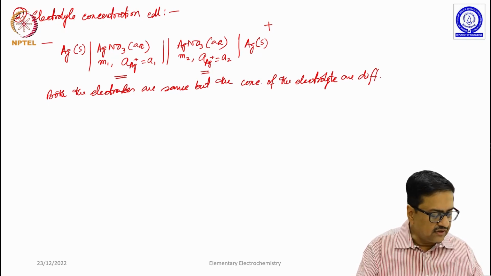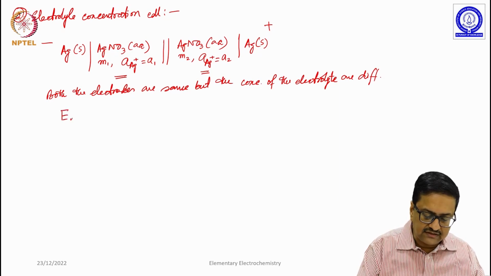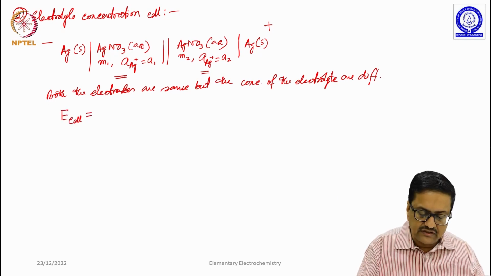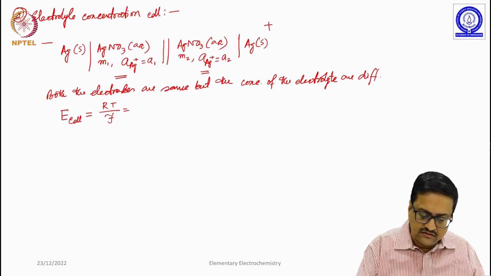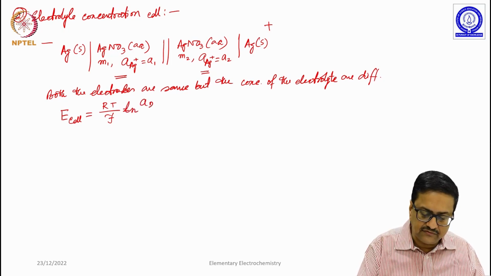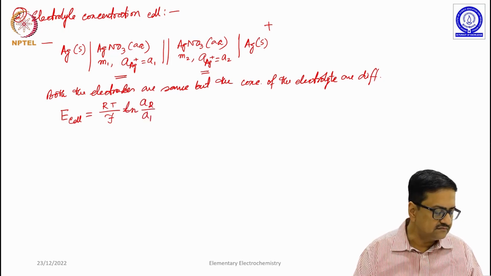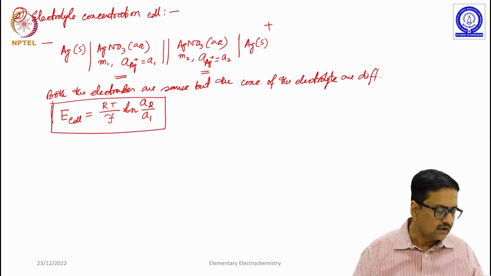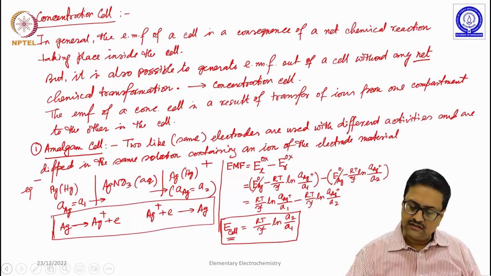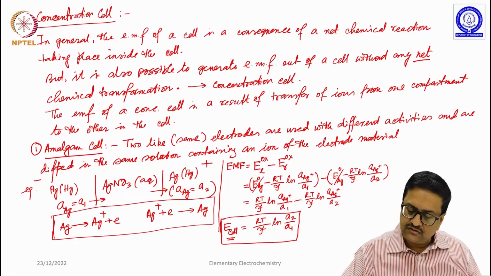So, when you try to write down the E cell like before, we will end up getting this expression E cell equal to RT by F. I am again writing F because again here it is one electron transfer, ln activity of A2 by activity of A1, right. Here I made a mistake, you should check. See, this minus, so this is A2 and this is A1.